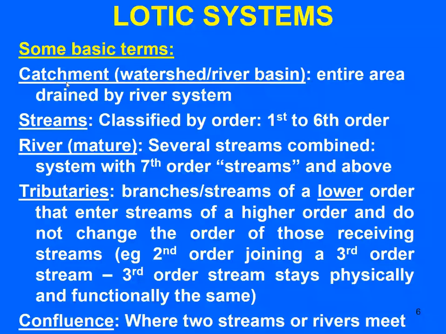We prefer in ecology to use the word catchment area, and that is what is most used in South Africa, especially in the conservation sector. And it refers to an entire area that is drained by a river system. You may have learned the definition slightly differently at school, but it doesn't matter. What it comes down to is that a river drains an area.